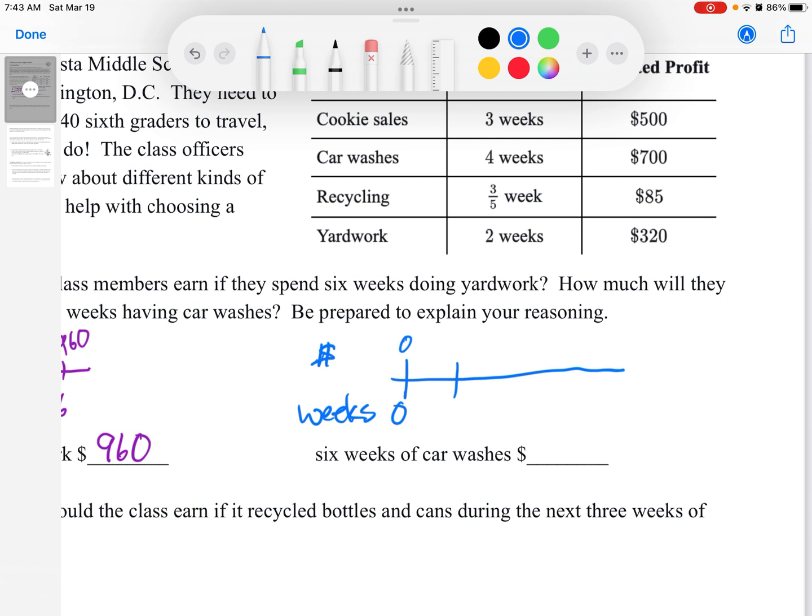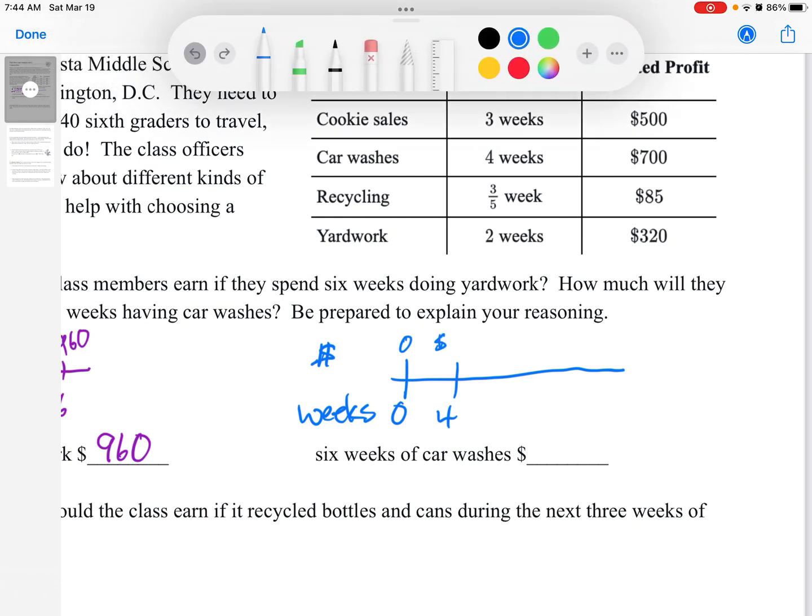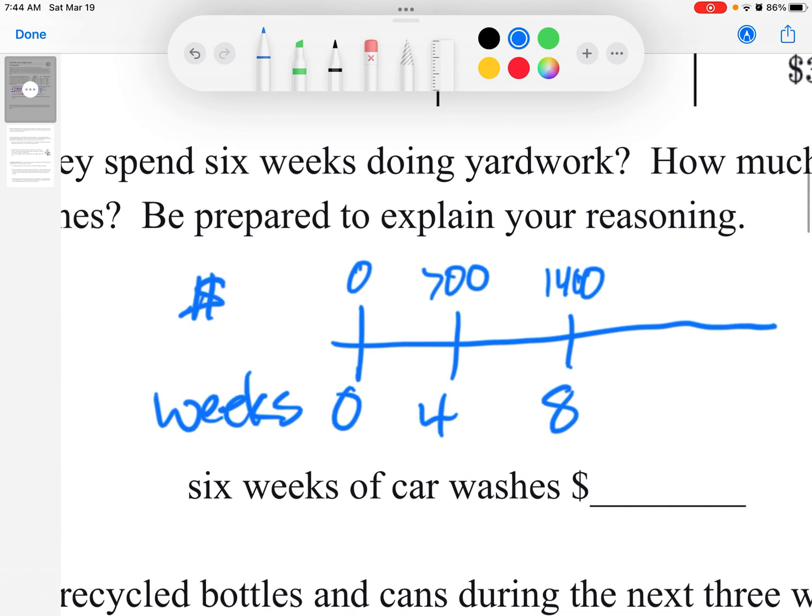That was for 4 weeks, $700. If I go to 8 weeks, I find out that it would be $1,400, right? Okay. Well, that's not super helpful because I need to find that in between.